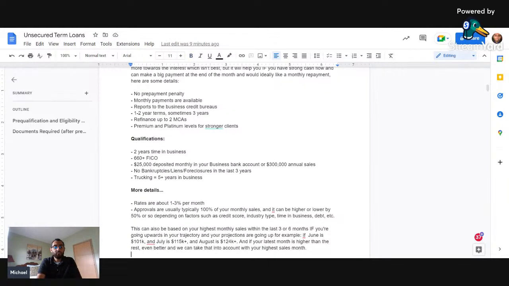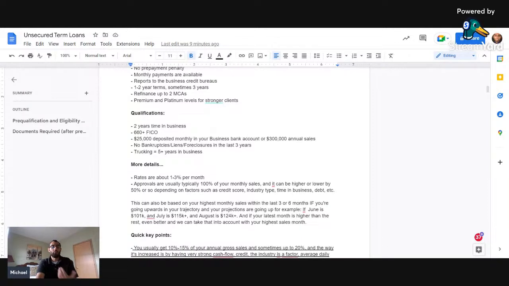Now, more details. The rates here are about 1 to 3% per month. Approvals are usually typically 100% of your monthly sales, and it can be higher or lower by 50% or so, depending on factors such as your credit score, industry type in business, debt, etc. And then, if we ask for the recent tax return, year-to-date financials, we won't always have to look at it overall. We might just look at your 6 months of bank statements and make a prediction off of that.